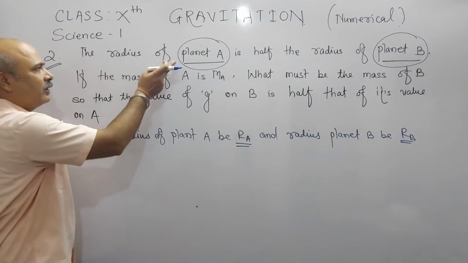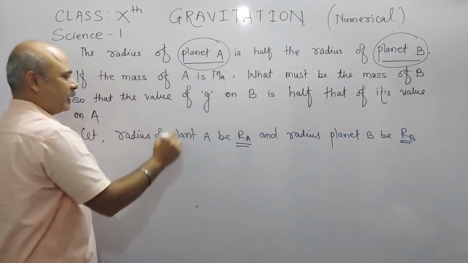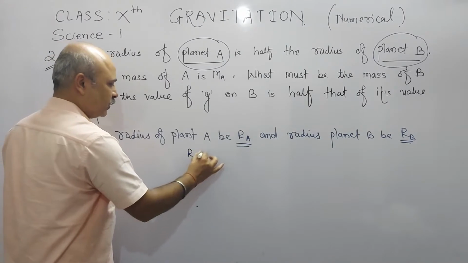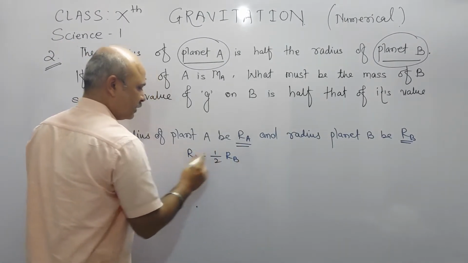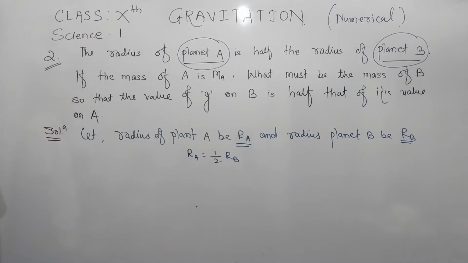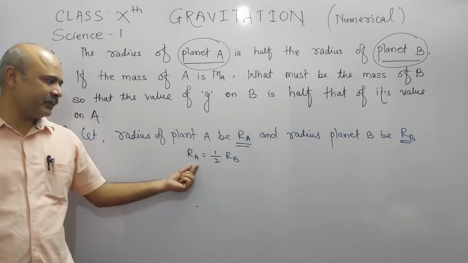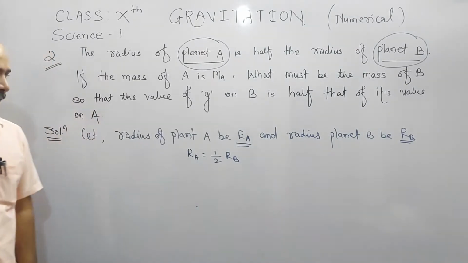So what is given for planet A? Radius of planet A, that is RA, is equal to half of RB. Means radius of planet A is equal to half of radius of planet B.